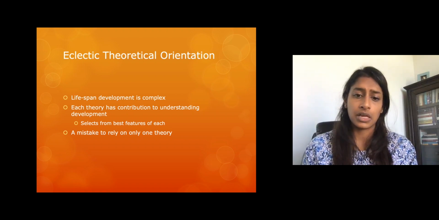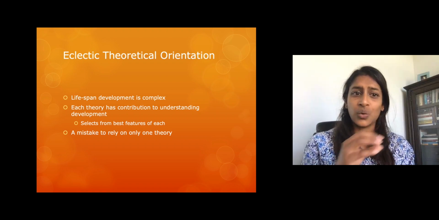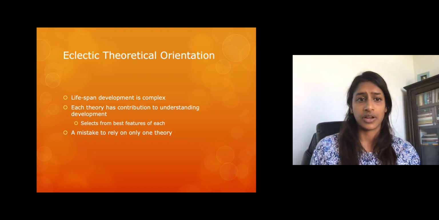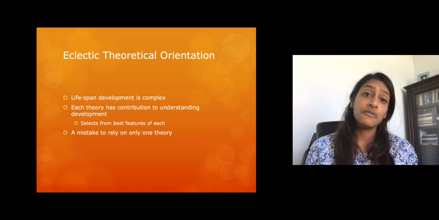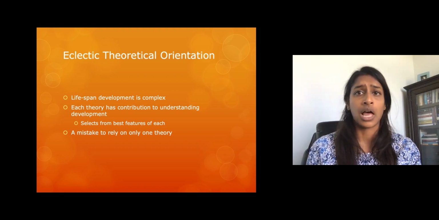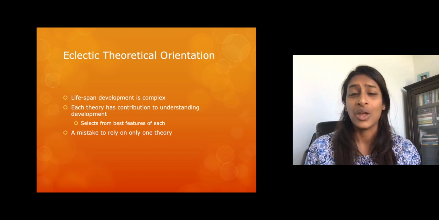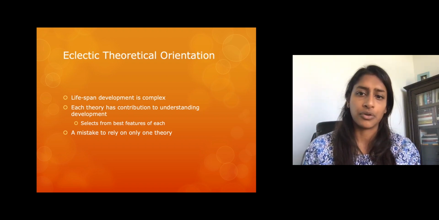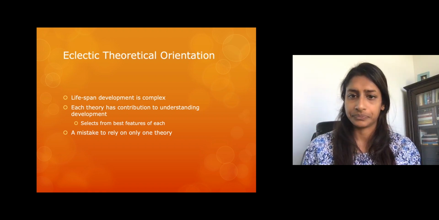And specifically, by using this eclectic theoretical orientation, we can select the best features from each of these different theories. In fact, arguably, it might be a mistake for us to rely only on one theory when we've got so many really great ones that have been created in the past.